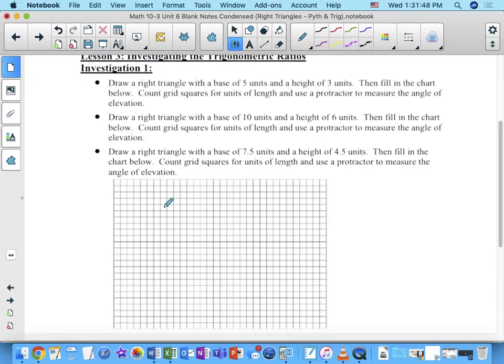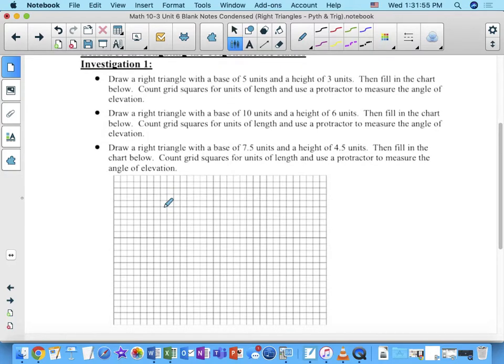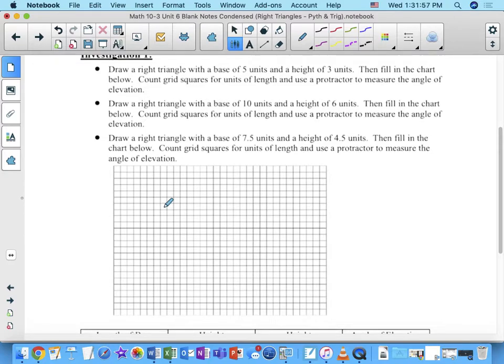Okay, so what I'm going to ask you to do on this grid is draw 3 triangles, and we'll start by doing it together. The first one has a base of 5 and a height of 3. So maybe I'll do the height first. So here's the height of 3. Okay, and a base of 5. 1, 2, 3, 4, 5.